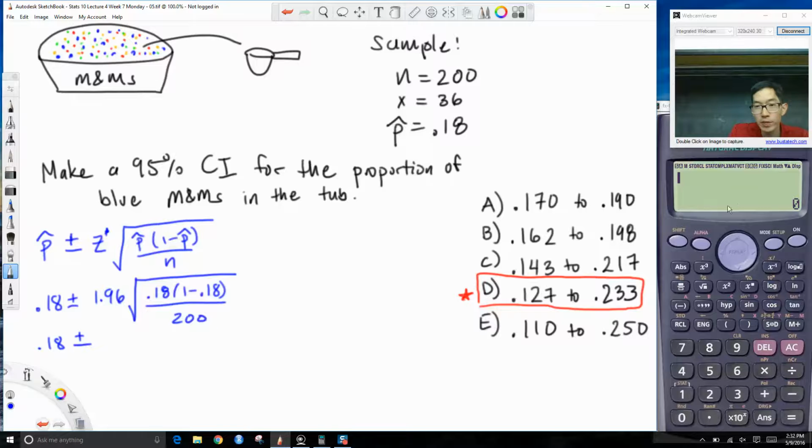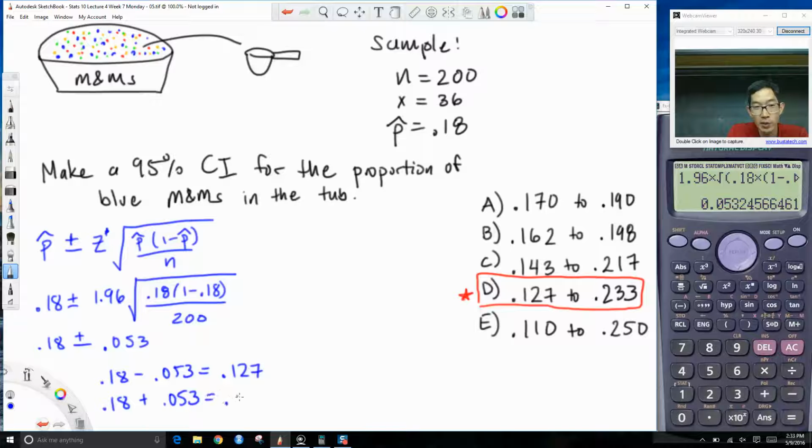If I type all of this in, I do 1.96 times the square root, and you type in 0.18 times parentheses 1 minus 0.18 divided by 200, and then close off the parentheses inside the square root, and I have plus or minus 0.053. So 0.18 minus 0.053 is 0.127, and then 0.18 plus 0.053 is 0.233.